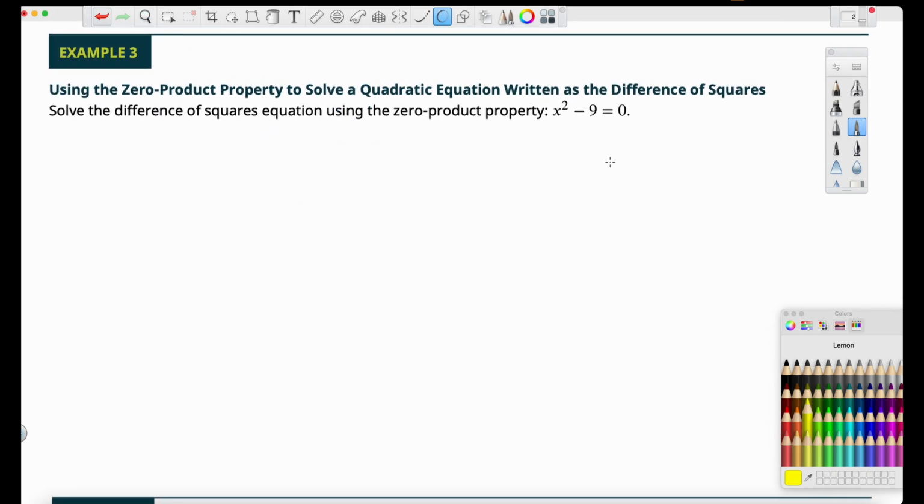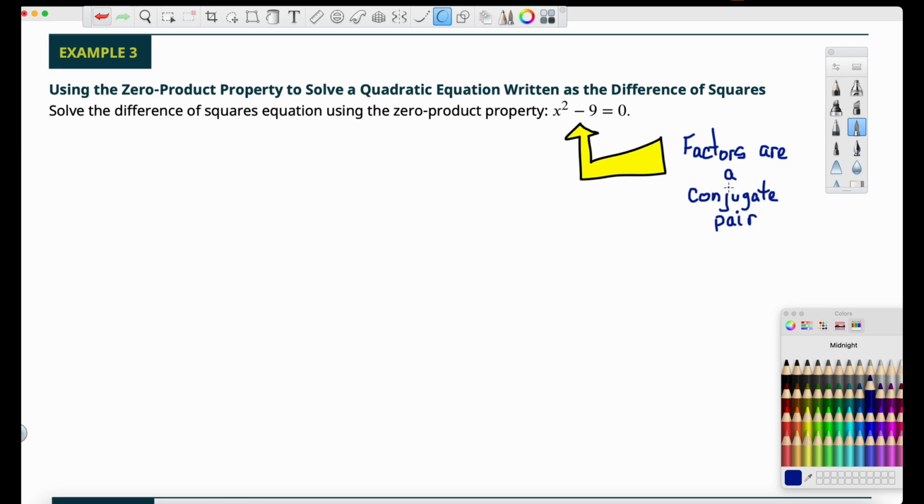Let's take a look at the difference of squares. So we spent some time looking at this in radicals. We've seen conjugate pairs with radicals. We've seen it with imaginaries. We have the difference of two perfect squares. That means that a conjugate pair is going to be our factor.